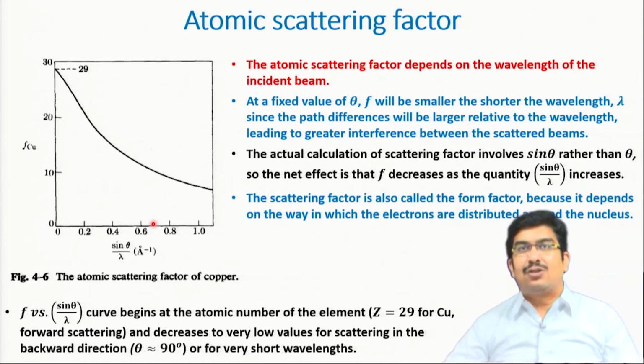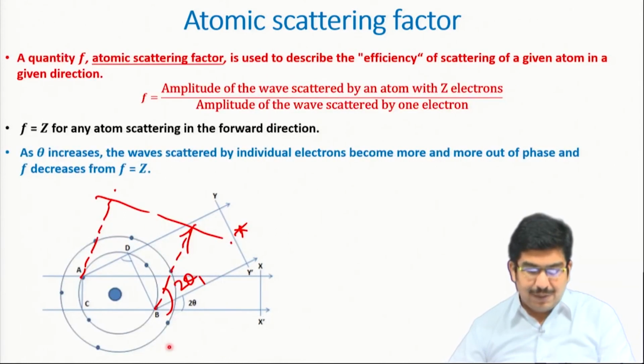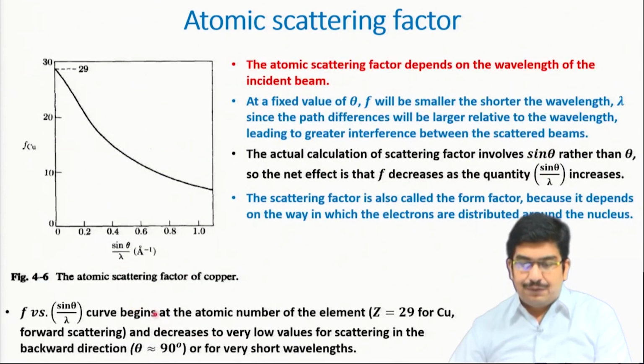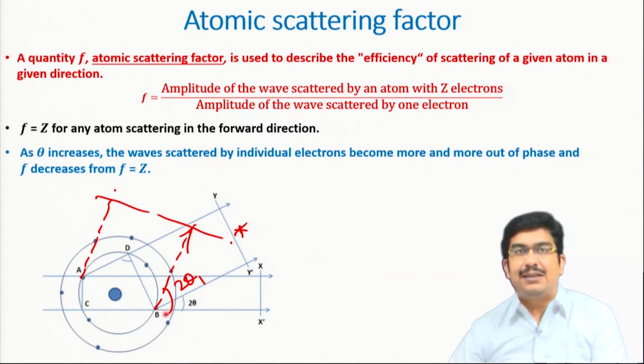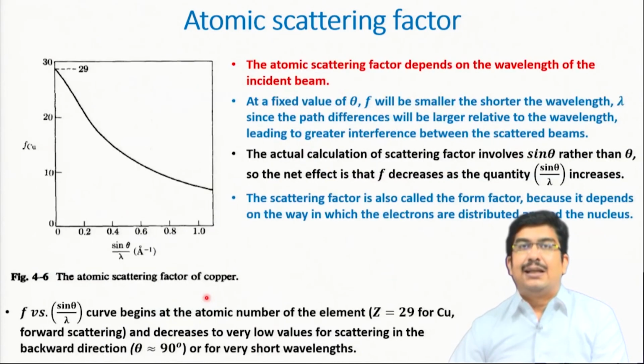The second thing it depends on is the wavelength of the incident beam. For a fixed value of theta, if we still consider this direction, and the wavelength decreases, then what will happen? This path difference will be larger compared to the wavelength.